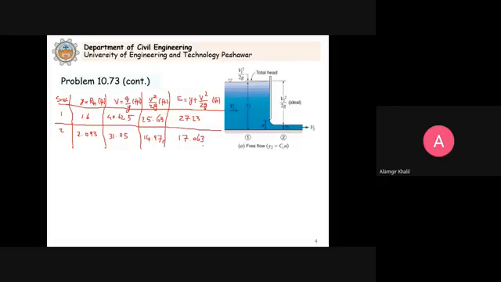Now after this the table continues. Now we have to calculate the average hydraulic radius. So the average hydraulic radius, R_H bar, will be in feet.